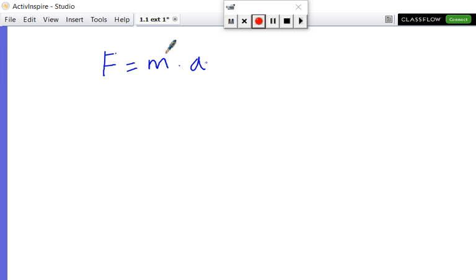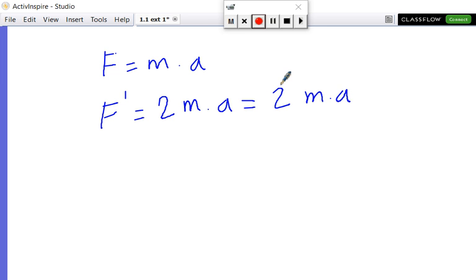If mass is doubled, the new force F prime will be 2m times a, keeping the acceleration the same. Since m times a is already equal to F, it's going to be 2F.